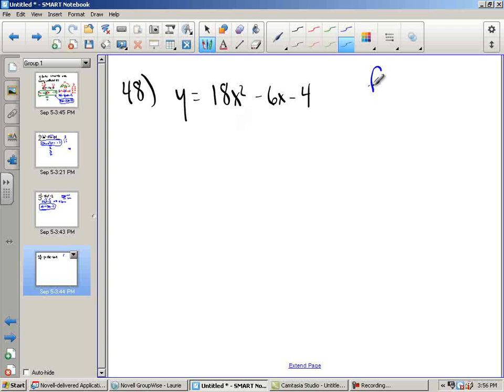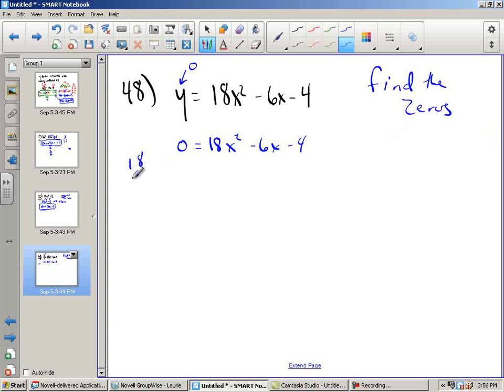Here, they're asking us to find the zeros again. That means that this value of y is going to be 0. Okay, we're going to put a 0 there. So 0 equals 18x squared minus 6x minus 4. And this is a good example of a problem that might not be that easy to use guess and check.